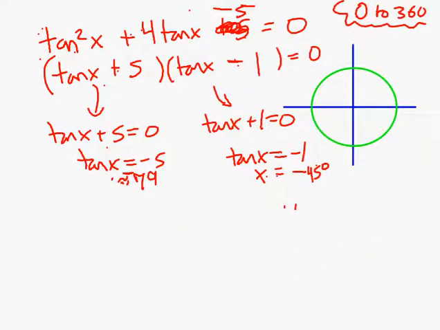So I think, well, where is tangent? Oh gosh, I didn't mean to erase that. At this step, I'm thinking, where is tan negative? Well, tan is negative in quadrants 2 and 4, right?